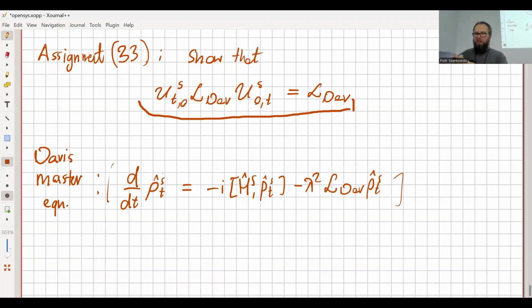So that's the story behind master equations. A small meta comment about this stuff. The way I approach this course is from a first principles approach.